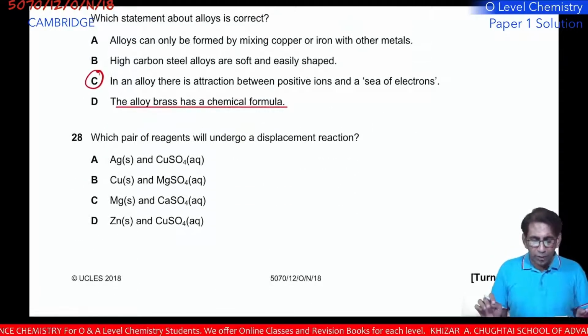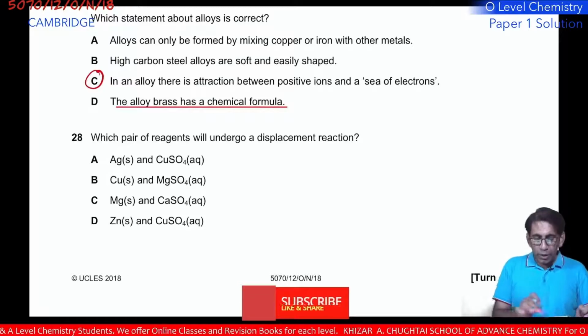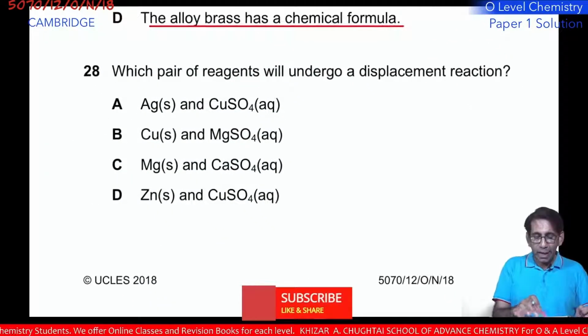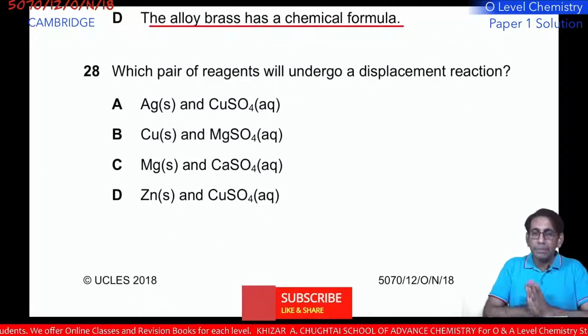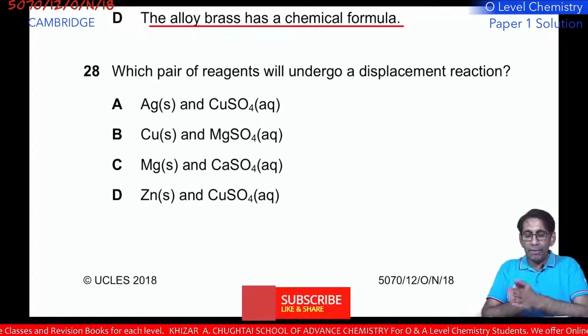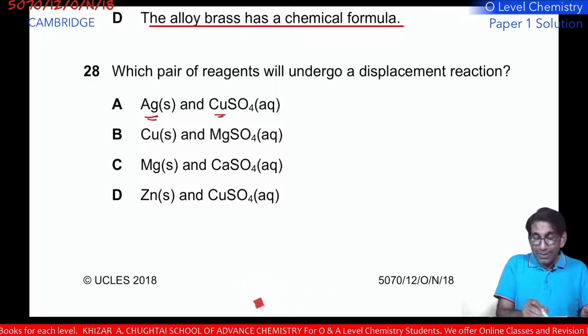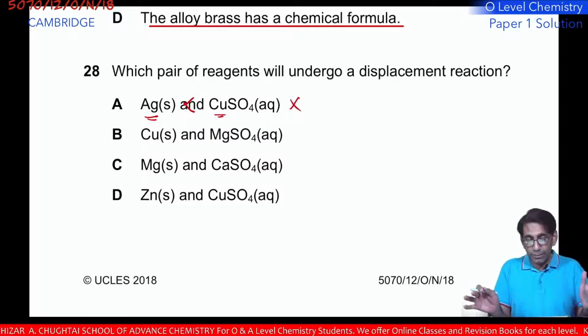Question number 28: which pair of reagents will undergo a displacement reaction? It means the pure element must be more reactive than the element in the compound. Silver and copper: silver is less reactive, so this is not possible.